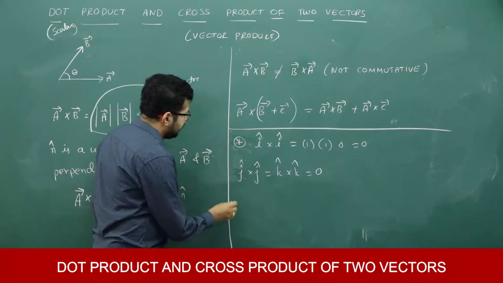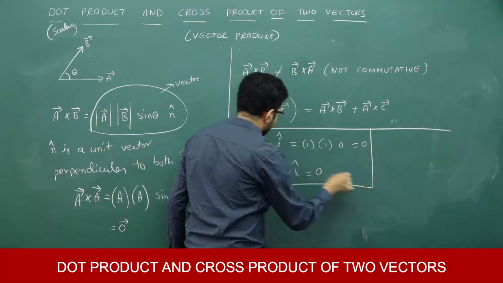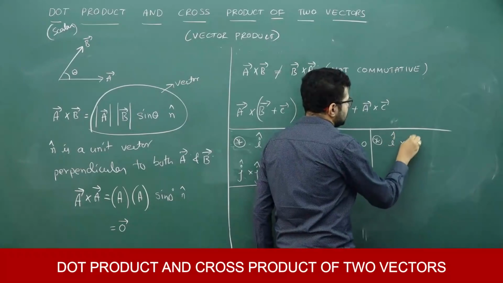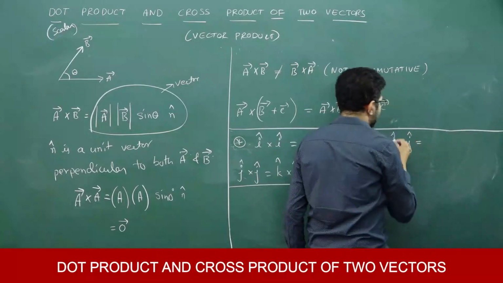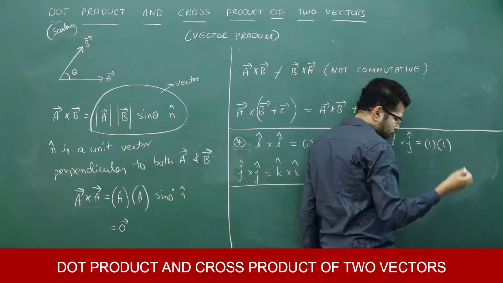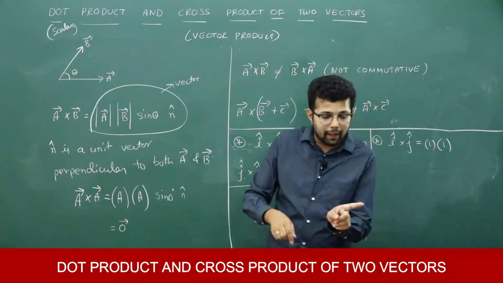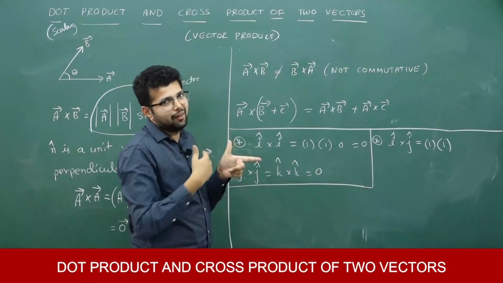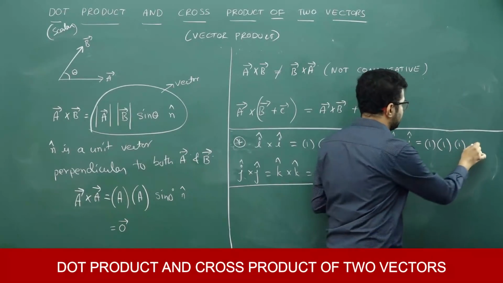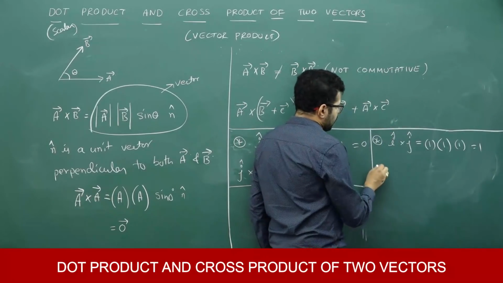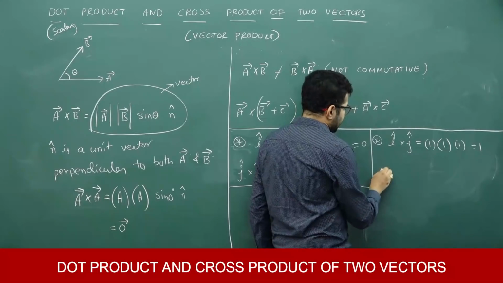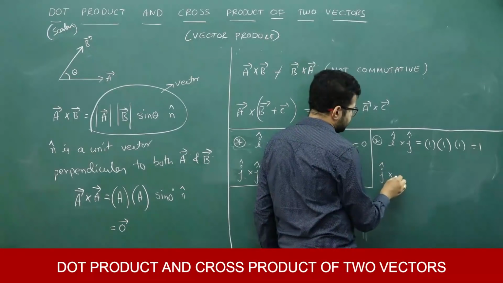Now, we will see what we get if we do I cross j, I cap cross j cap. So, I cap cross j cap is equal to the magnitude of I cap, that is 1, times the magnitude of j cap, that is also 1. Then what is the angle between I and j? 90 degrees. So, sin 90 is 1. So, I cap cross j cap is 1. Then what is j cap cross k cap?